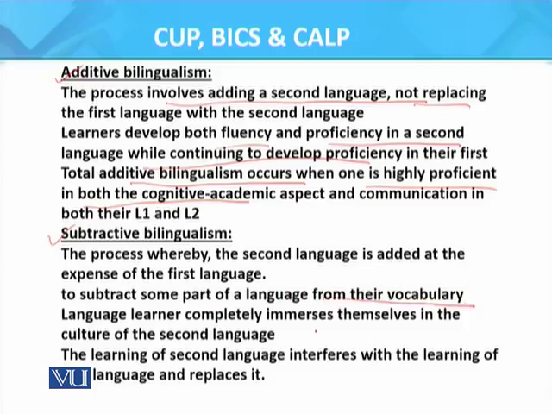Language learners completely immerse themselves in the culture or second language, neglecting some of the features of their own mother tongue or first language, so the learning of the second language interferes with the learning of the first language. In subtractive bilingualism, some of the linguistic features are reduced, whereas in additive bilingualism, there is addition of second language features.